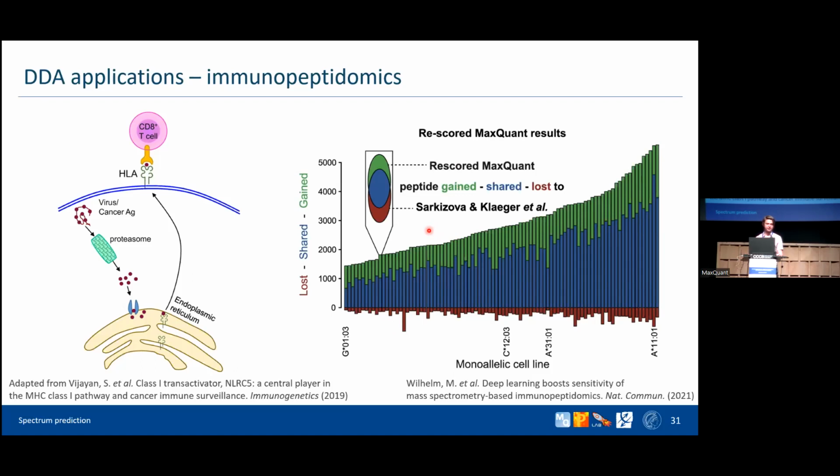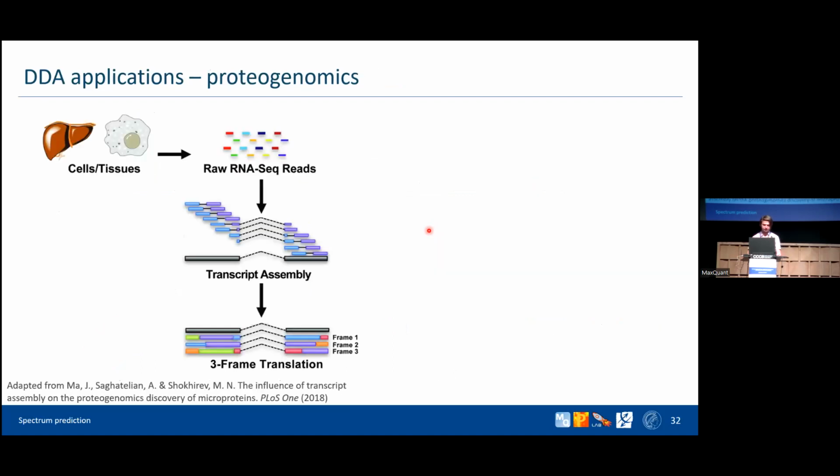Similar rescoring studies also suggest that integration of intensity information is clearly beneficial for the analysis of HLA ligands. Another field that can benefit from this integration is proteogenomics. It's the study of the proteome with the aid of genomics on transcriptomic sequences.